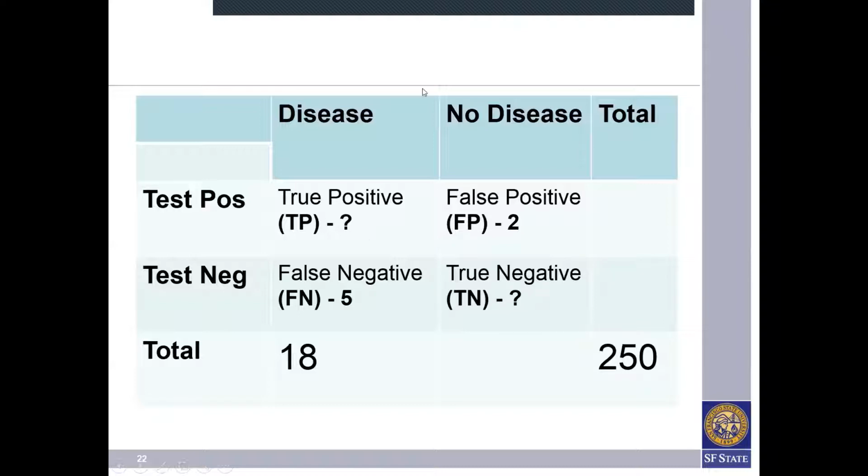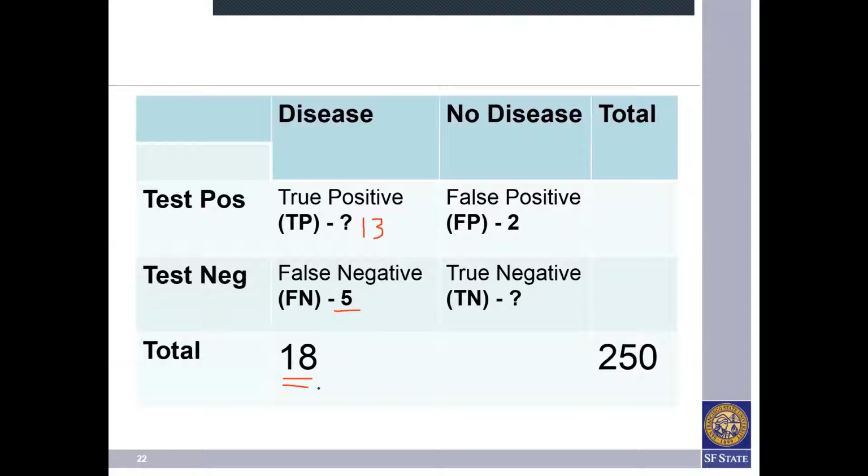How many true negatives do I have? So if I have 18 sick people total, 5 are testing negative, how many are left over that are testing positive? 13, right? Because 13 plus 5 is my total 18.